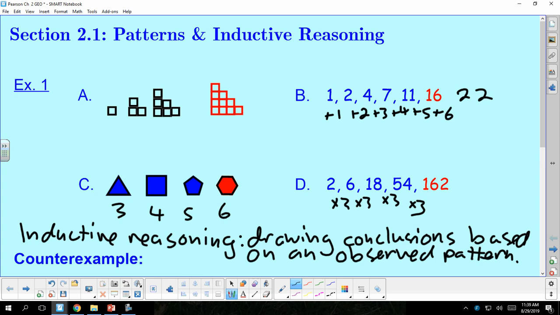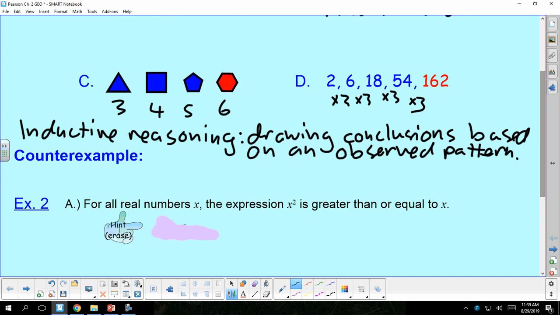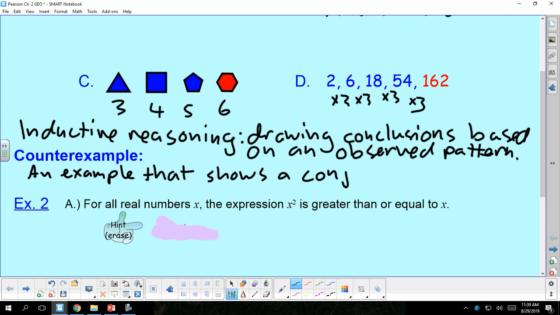In disproving something, a stated conclusion or conjecture, we just need a single instance where that does not occur. So a counterexample is an example that shows a conjecture to be false. So, for example, what if I made this conjecture?